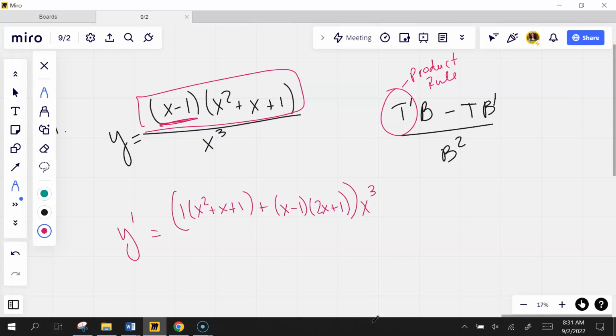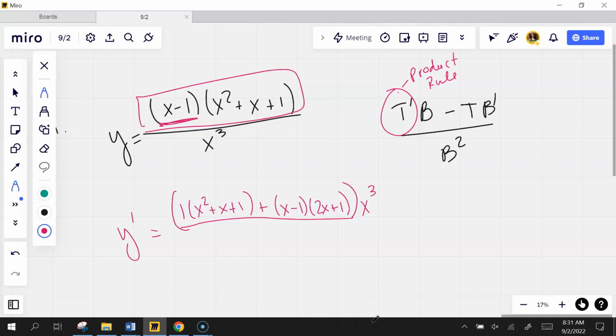Does that make sense? So it's the derivative of the top, and all of this is the derivative of just the top. But it's the derivative of the top times the bottom.